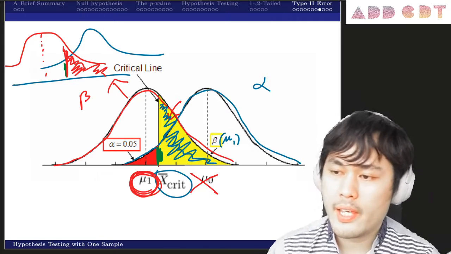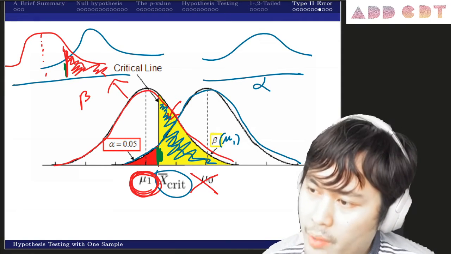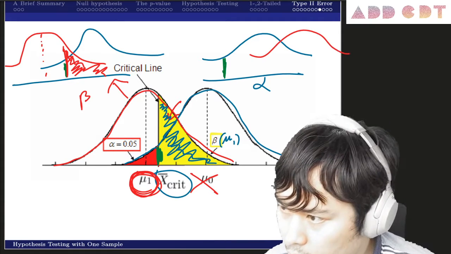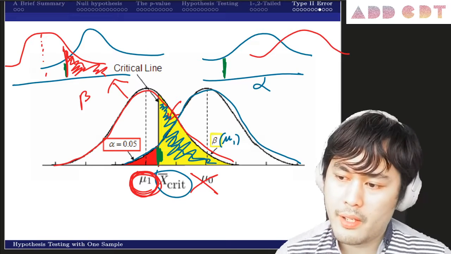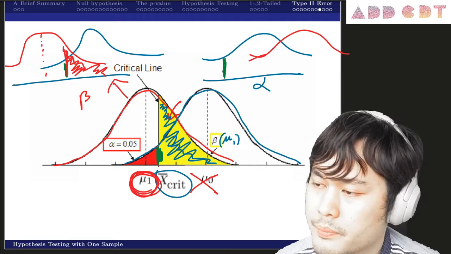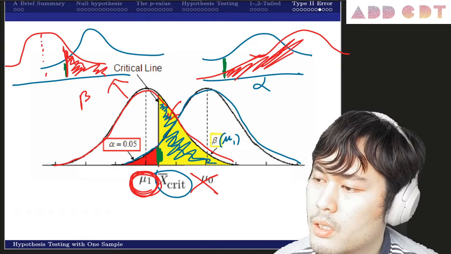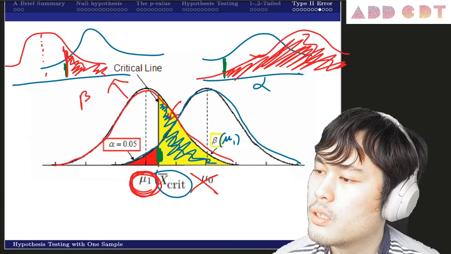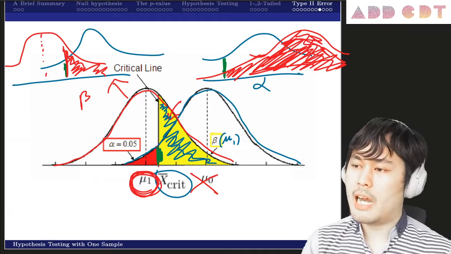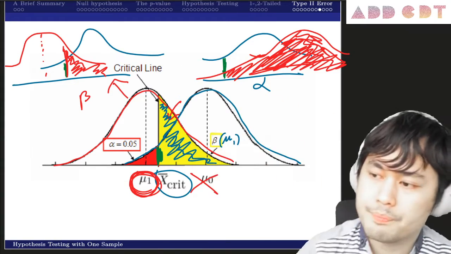On the other hand, this is what we believe, we have that critical point. But if what actually happens is here, that mu is greater than the value, then the area is going to be here, which you can see is large, close to 1, covering almost the entire curve.